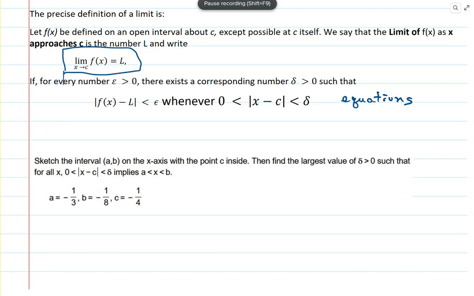The absolute value of f of x minus L, being the limit given, is less than epsilon, whenever 0 is less than the absolute value of x minus, what was C? That's the number we put the limit to. The x value is less than delta. It doesn't reach delta unless it has the bar under the inequality. Sometimes we can reach that delta, but normally it is just less than.